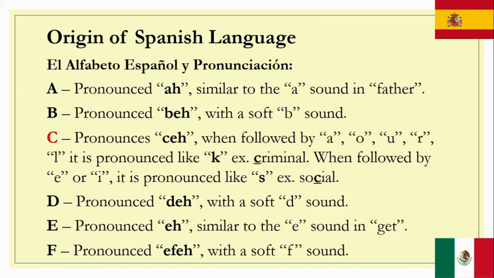Okay? Criminal. When followed by E or I, it is pronounced like S. Example, social. Social. D, pronounced as de with a soft D sound. E, pronounced as E, similar to the E sound in get. F, pronounced as Fe with a soft F sound.